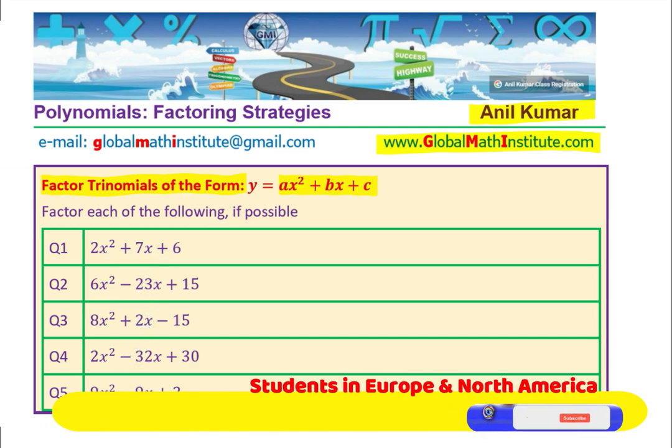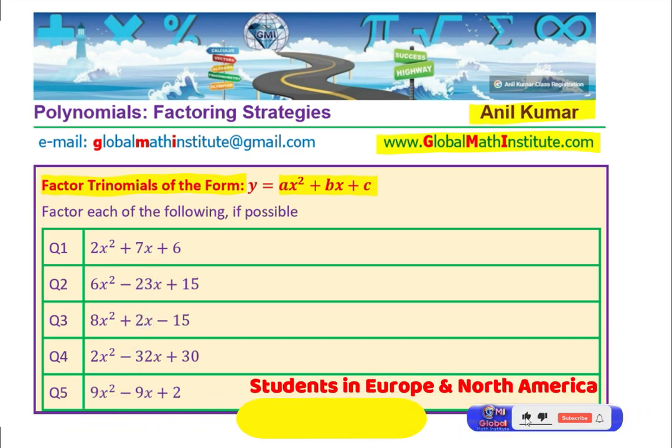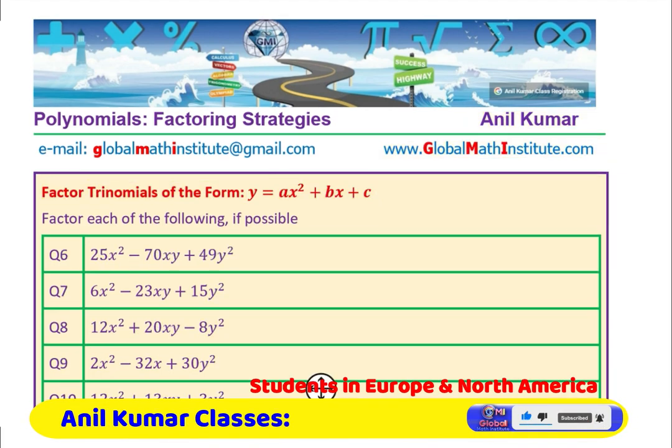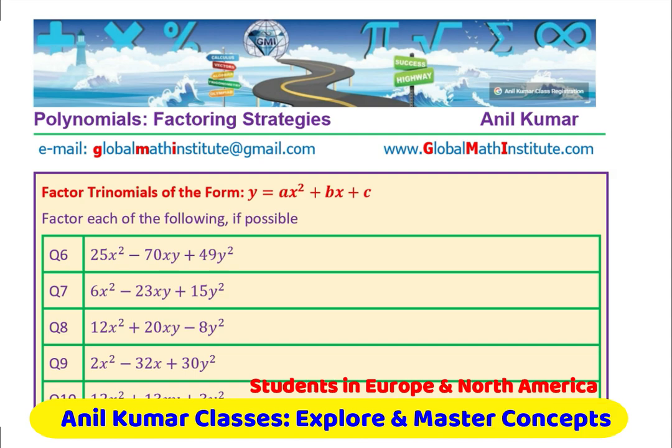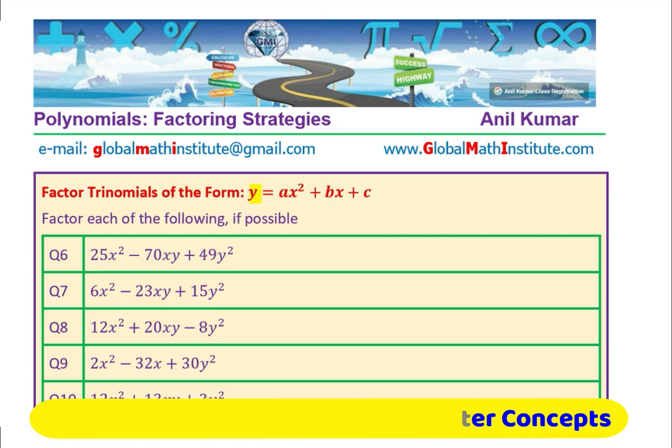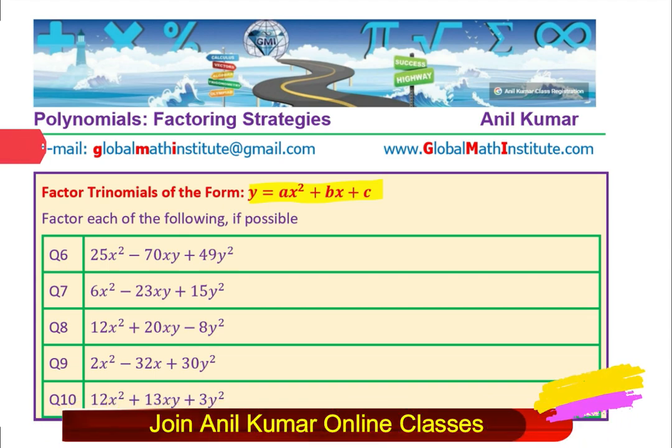Questions 1 to 5 are relatively simple, and then questions 6 to 10 are slightly more complex. We're working with higher numbers. But I hope that with these 10 examples, you will master the strategy to factor any trinomial. Perfect.